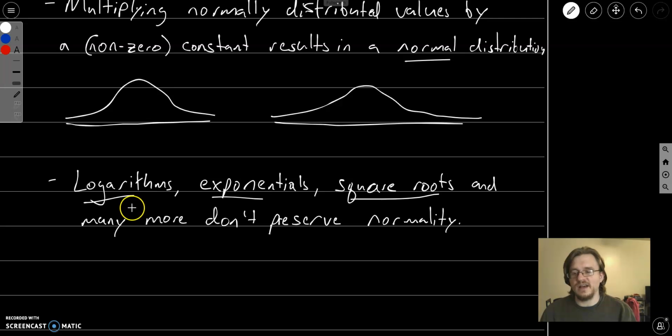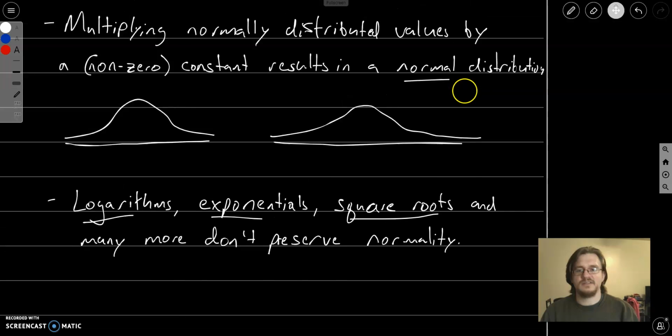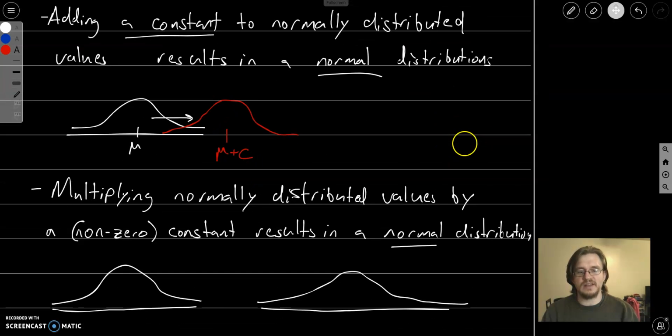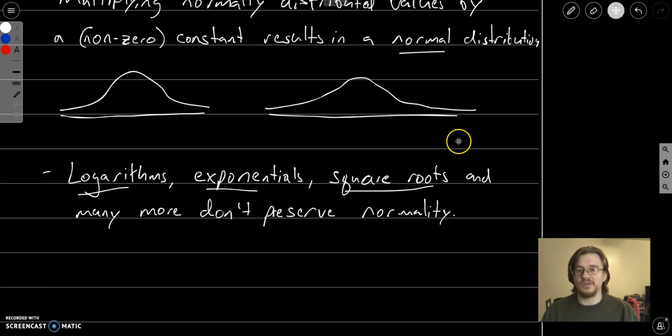For instance, log normal distributions that have been affected by a logarithm show up quite often when looking at sizes of things or lengths. So for instance, when you look at human lifespans, they tend to be log normal distributions rather than a normal distribution. So adding and multiplying normal distributions preserves normality, but many more things don't.